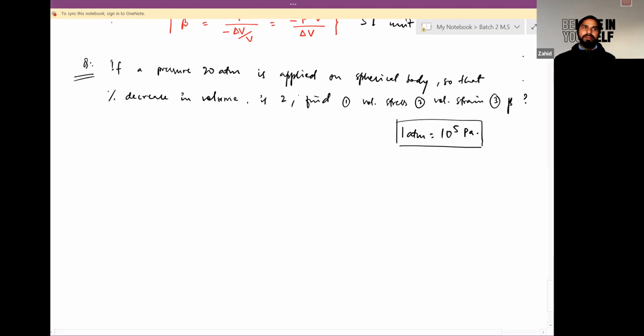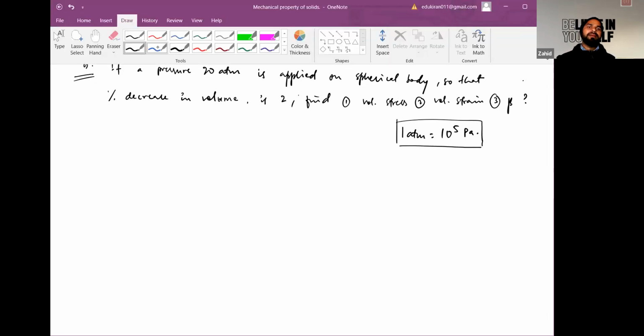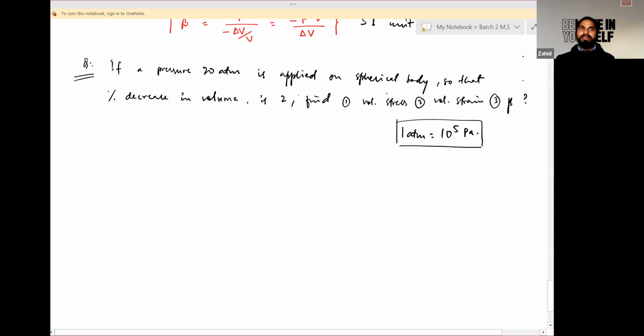Let me give you some hint how to approach this problem. In this, we have application of this force. So volume is decreased by 2%. Percentage change means delta V, or change in that quantity, divided by its original volume multiplied by 100, is the percentage change in volume, which equals 2.